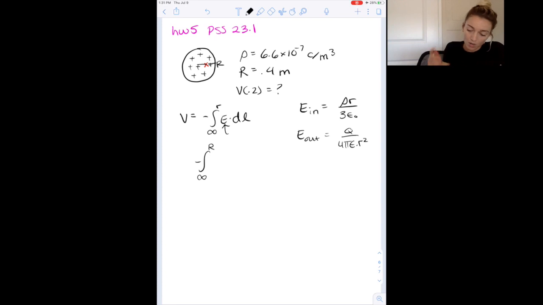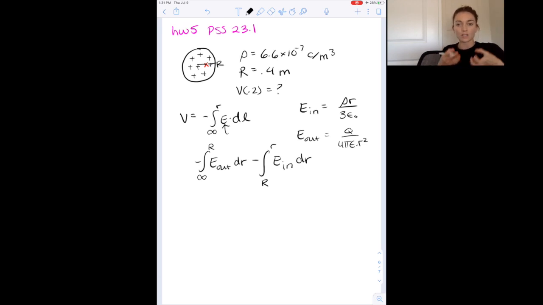One is valid from infinity to the surface of the sphere, so from infinity to R, which is E out, and we're integrating in the r direction. And the other one is valid from the radius of the sphere into that point we're looking at inside the sphere, so from capital R to little r, and that's E in. Again, we have to break this up because there are two different electric fields in two different regions.